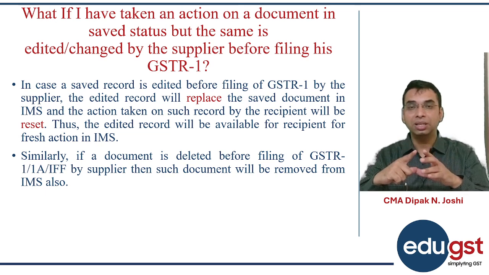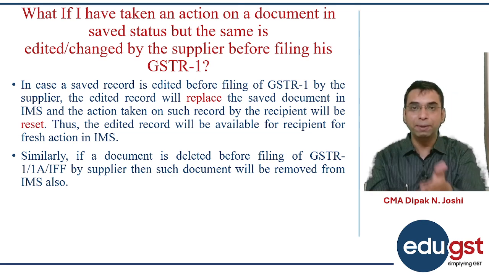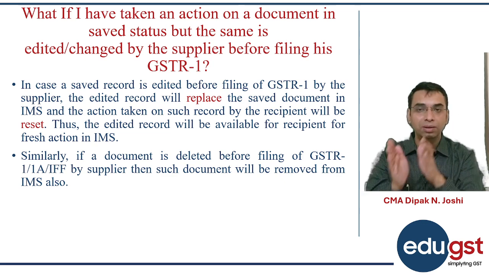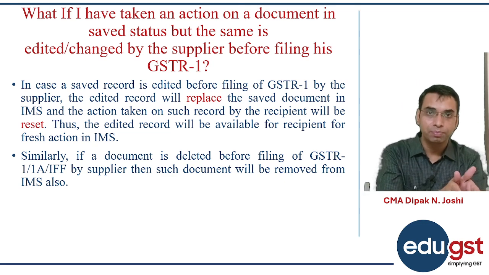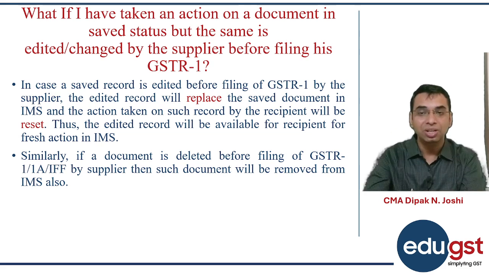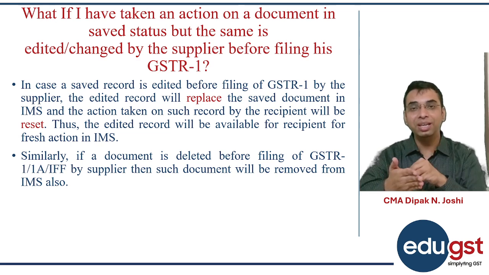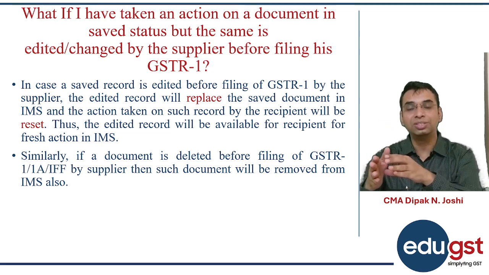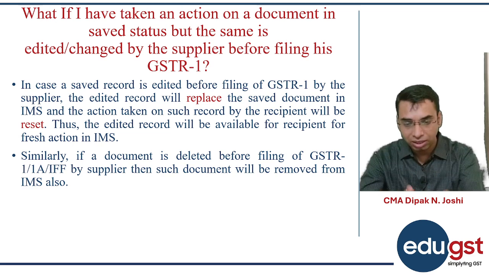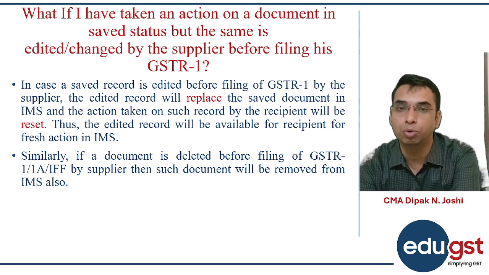In that case, if you have taken the action, the system will reverse that action and replace the original invoice with the revised invoice, with the revised or changed details. And in that case, you are required to take a fresh action on those changed details. If the supplier deletes any document from GSTR 1, in that case that document will also be deleted from the IMS portal.